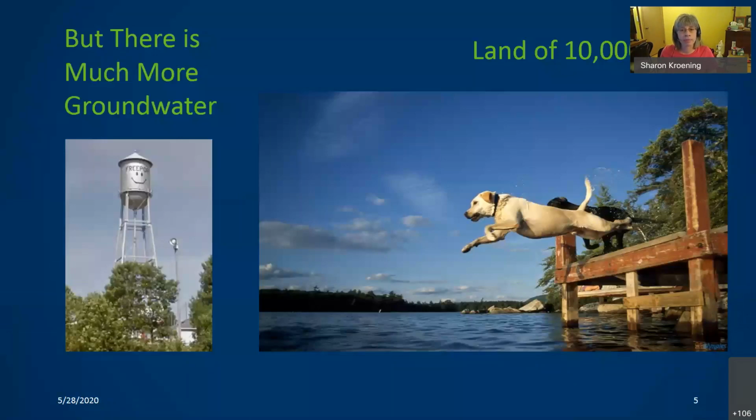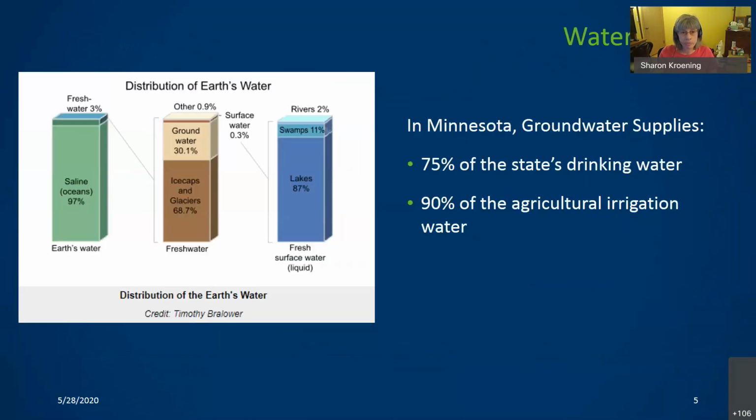Most of you know that Minnesota is the land of 10,000 lakes, and we see rivers and streams everywhere. But really, our biggest freshwater resource is our groundwater. This is a graphic I took from a researcher at Penn State University that shows the distribution of water throughout the whole planet.